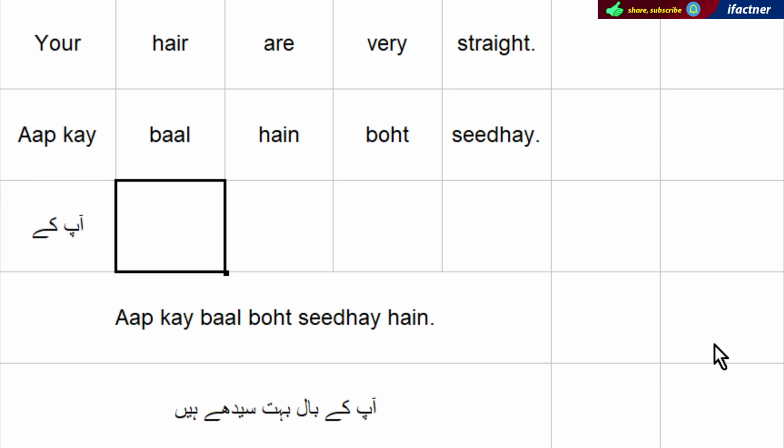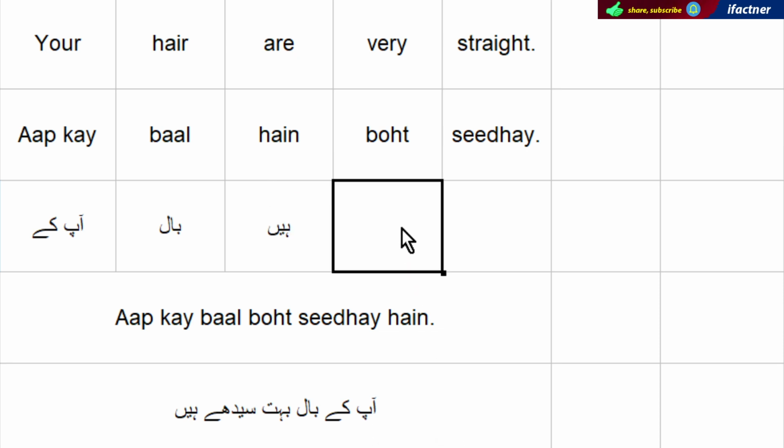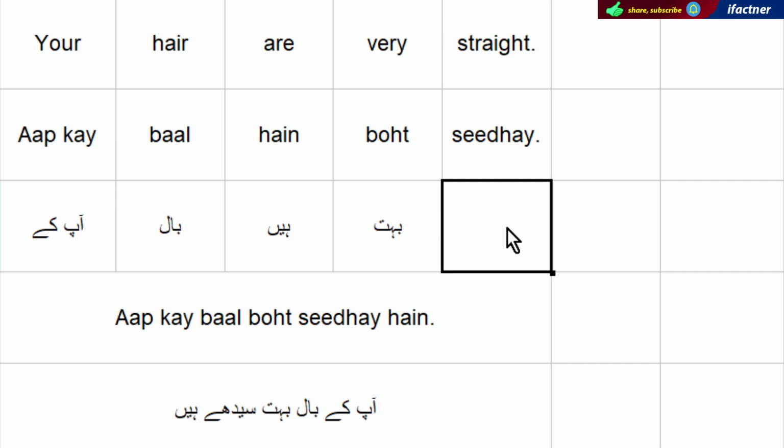Here are बाल, बे alif lam बाल. R is हैं, and we write हैं as he ye and nunna. Very is बहुत, which is बे हे ते बहुत. Straight are सीधे, सीन ये दाल हे बड़िए सीधे.